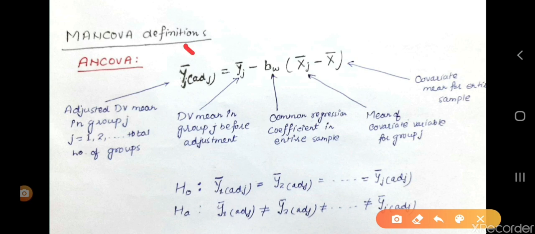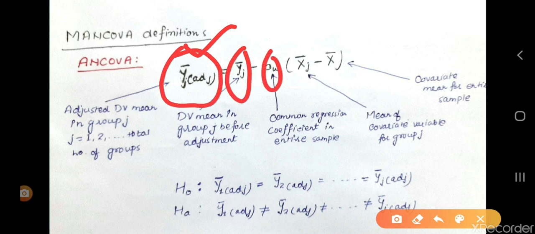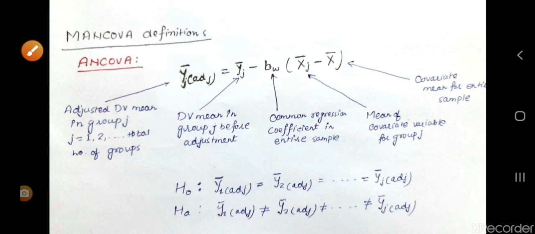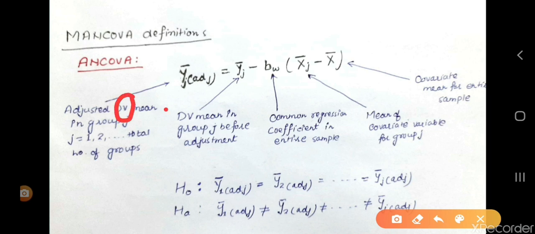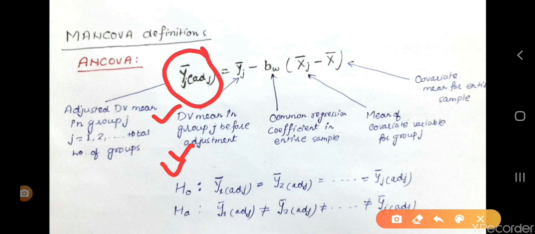It is given by Yj adjusted bar is equal to Yj bar minus bw times (Xj bar minus X bar). Here Yj bar adjusted is the adjusted dependent variable mean in group j, where j indexes the groups, and Yj bar is the dependent variable mean in group j before adjustment. So this is the adjusted mean of all groups, and this is the mean of groups before adjustment.